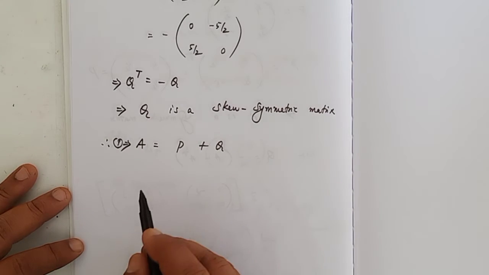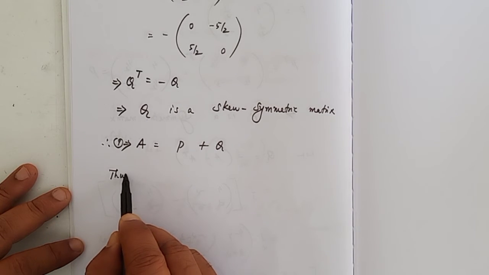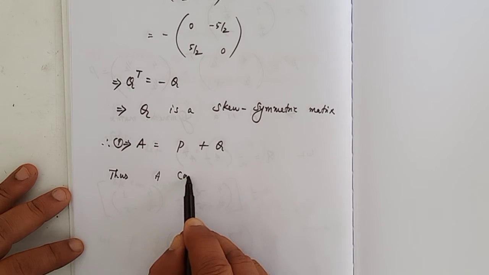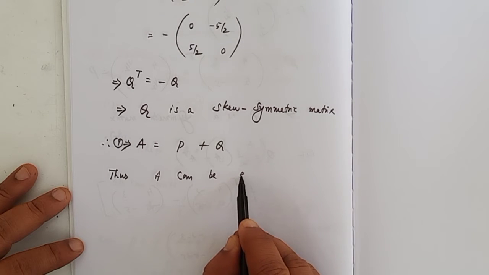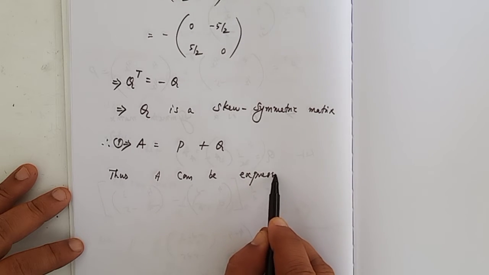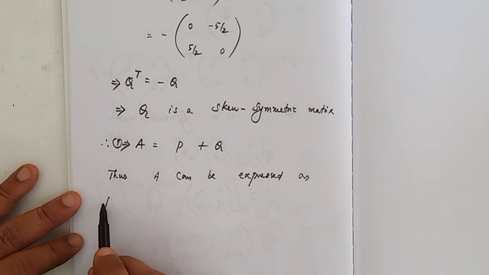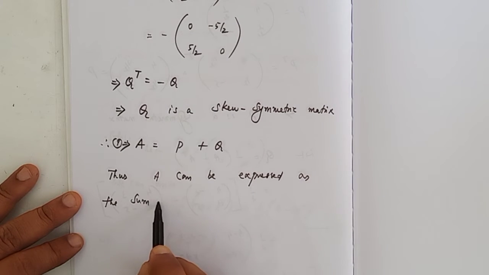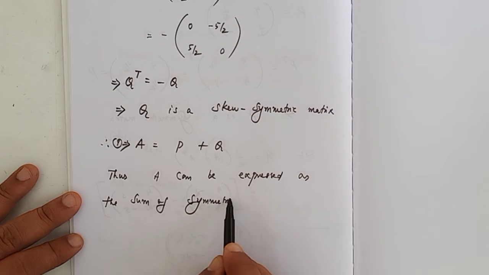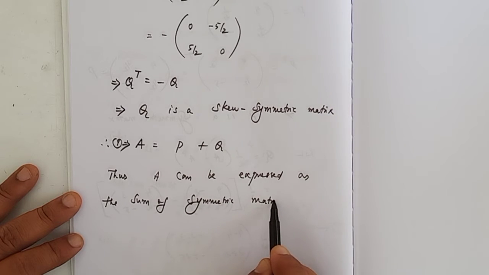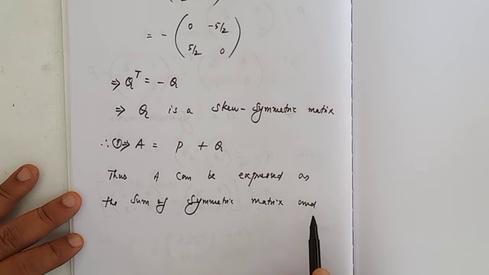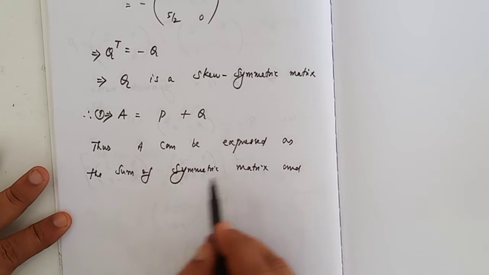So finally you have to write the result. Thus A can be expressed as the sum of a symmetric matrix and a skew symmetric matrix.